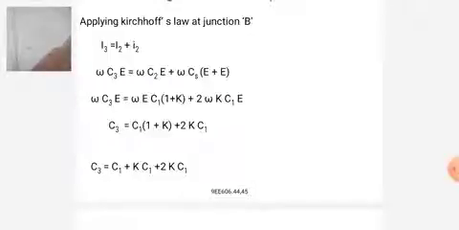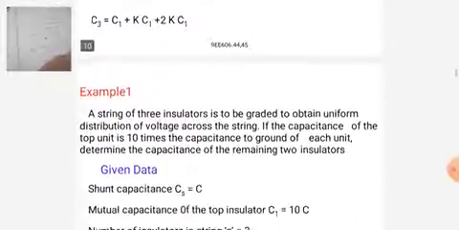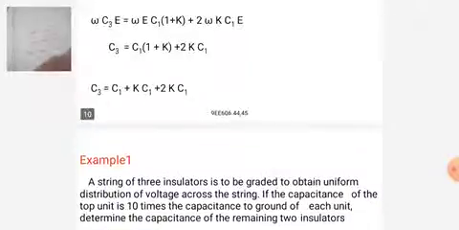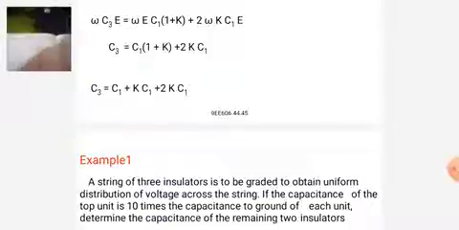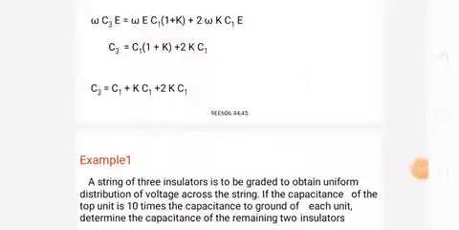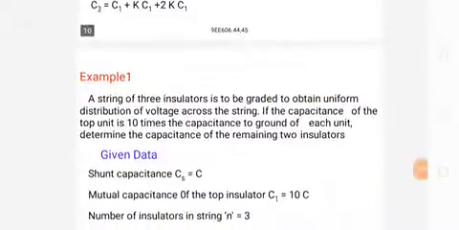So C3 is equal to C1 plus KC1 plus 2KC1. That is, C3 is equal to C1 plus 3KC1.